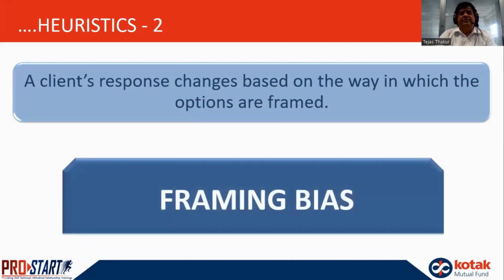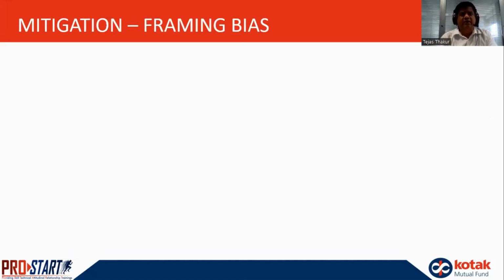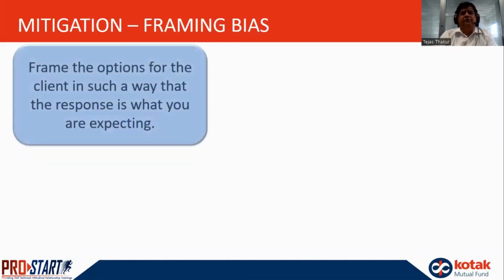Which takes us to the next bias, which is known as framing bias. So in normal language, the first slide could be looked at as optical illusion, or in behavioral finance, we can call it framing bias. Fair? So how do you handle this framing bias? Frame the options for the client in such a way that the response is what you're expecting. Now, this can be a very smart move.